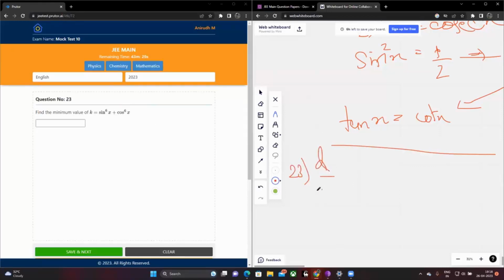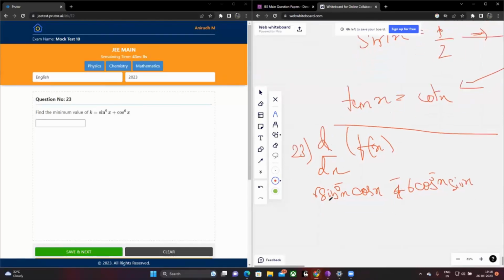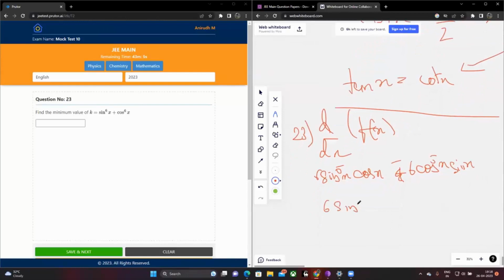So it's basically dy dx of the function f of x, which is basically 6 sin to the power 5 x cos x minus 6 cos to the power 5 x sin x, right? And so I'll take 6 sin x cos x common. You have left sin to the power 4 x minus cos to the power 4 x, right?